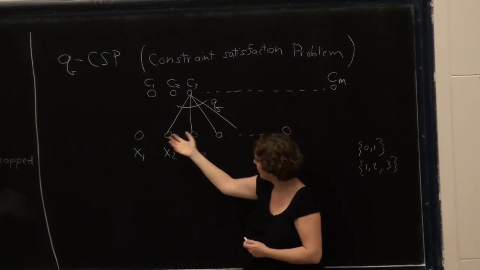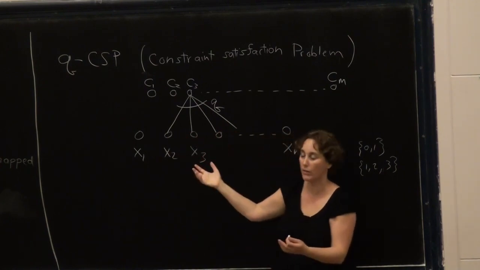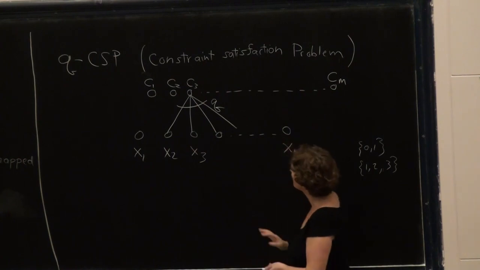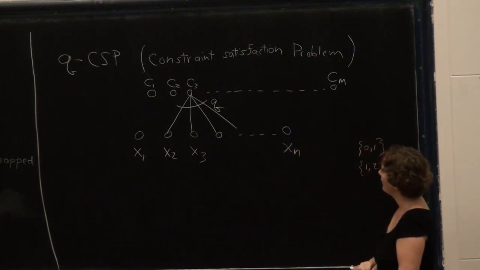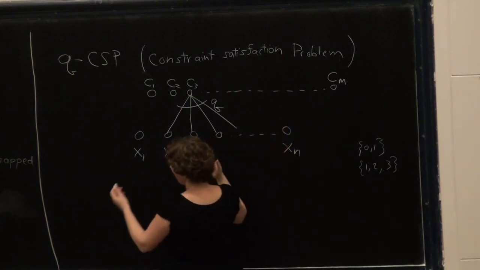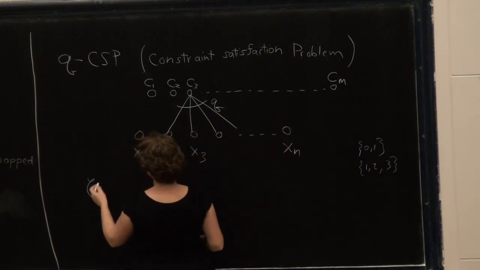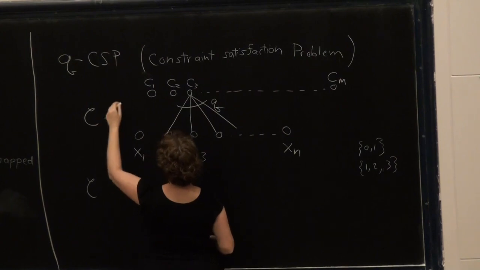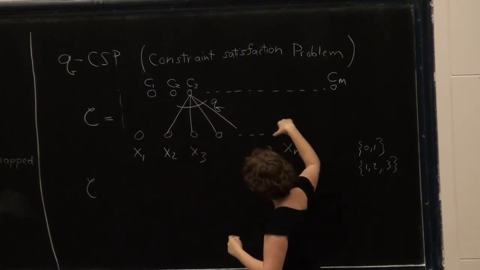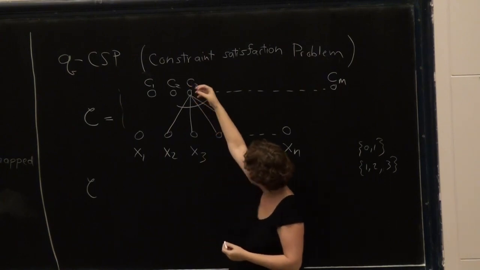Which values it will see here will cause the constraint to say, okay, I'm satisfied. So that's a constraint satisfaction problem. The instance of the constraint satisfaction problem is all of this. So you specify for each constraint which variables it's looking at, and what are the conditions that will cause it to accept.